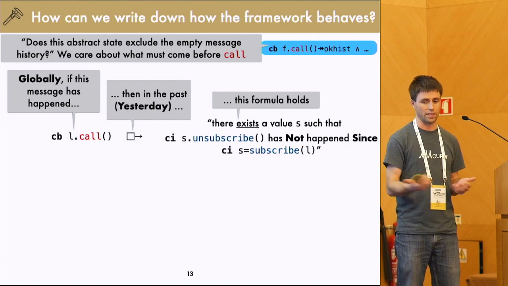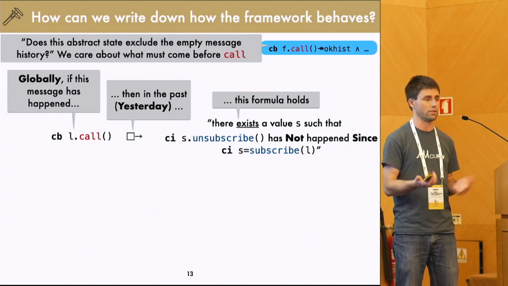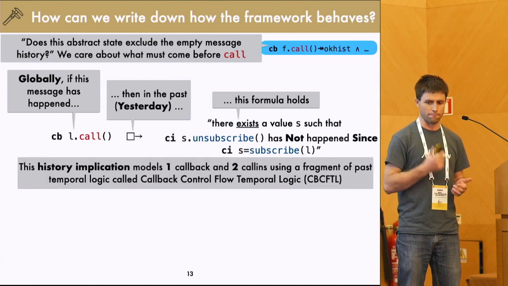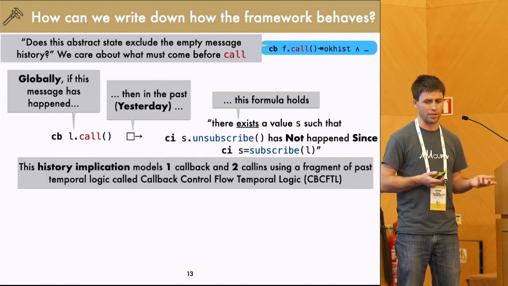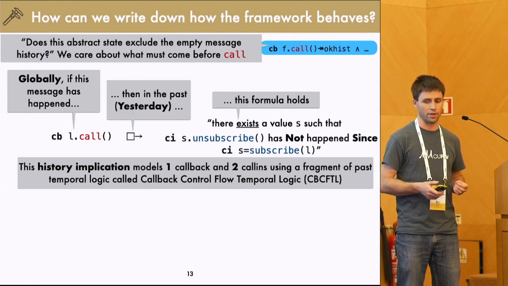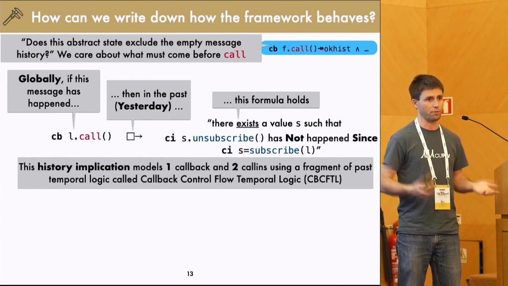There exists an S value such that unsubscribe has not been called since subscribe. This is the same one I was talking about earlier. And so this history implication models one callback and two call-ins, and it uses a fragment of past LTL that is enough to capture what we care about.